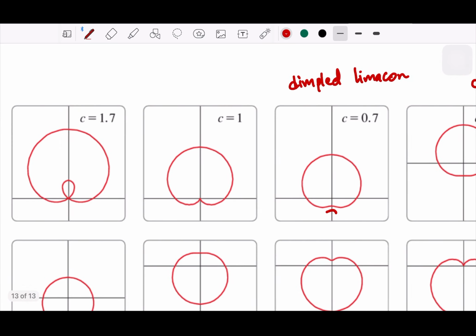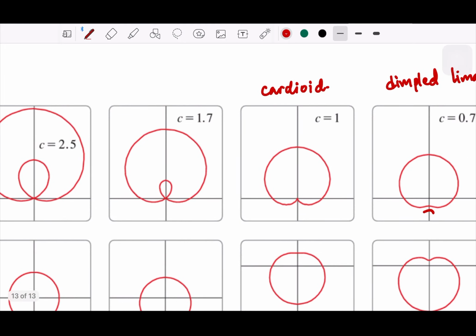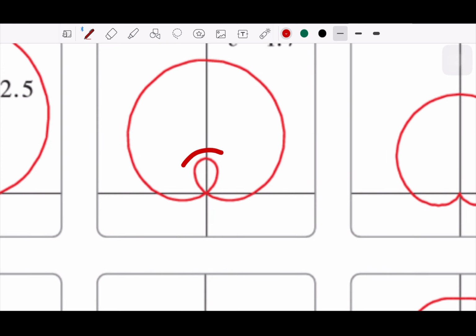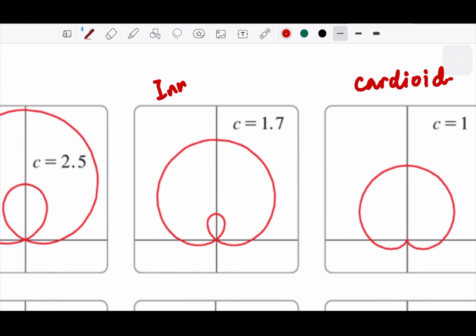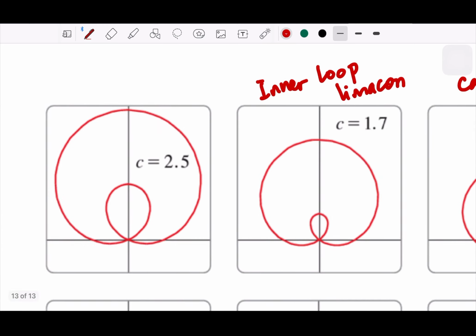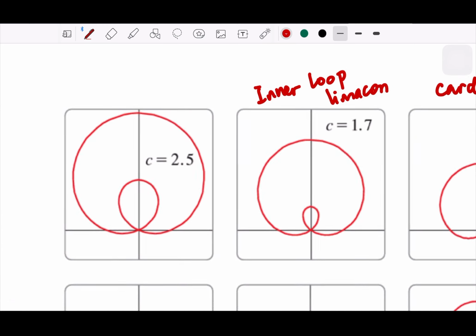And then when it equals 1, what we did last time, this is the cardioid. And when it is greater than 1, this is called an inner loop, so it has a loop inside. We call this an inner loop limaçon. And as we increase it greater than 2, the inner loop gets bigger.